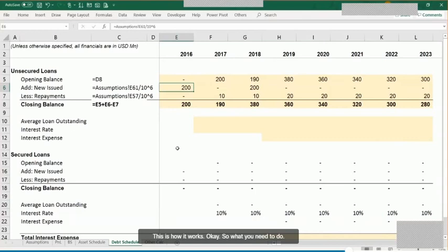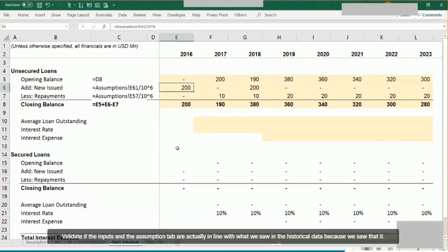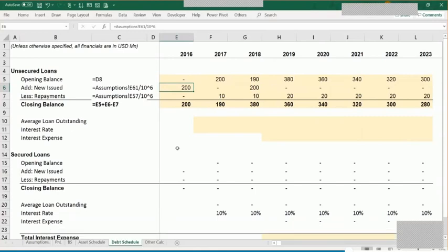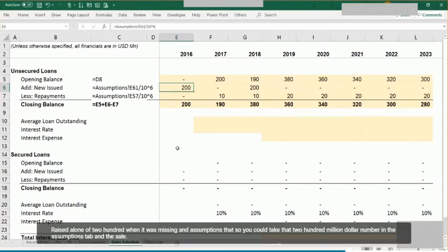So what you need to do, first of all, is validate if the inputs in the assumption tab are actually in line with what we saw in the historical data, because we saw that in 2016 we raised a loan of 200, but it was missing in the assumptions tab. So you could take that $200 million number in the assumptions tab in the cell E61.